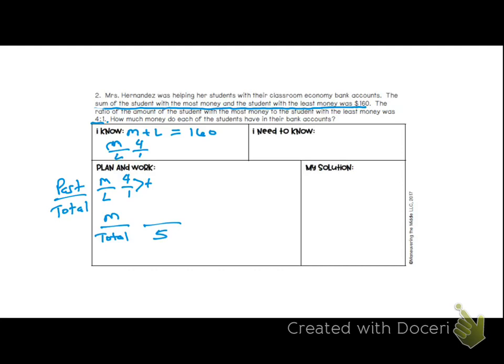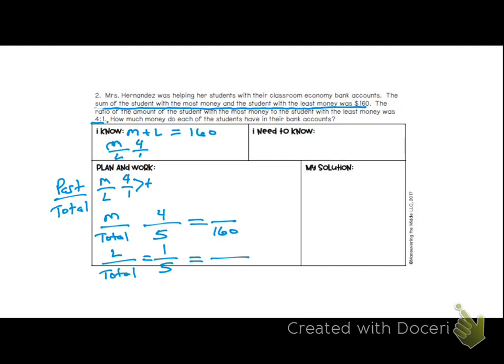We know the most had 4 out of the 5 parts. And we'll go ahead and do our least real quick to our total. And that least only had 1 out of the 5 parts. So given what we know up top here, the most and the least together, or total, equaled 160.